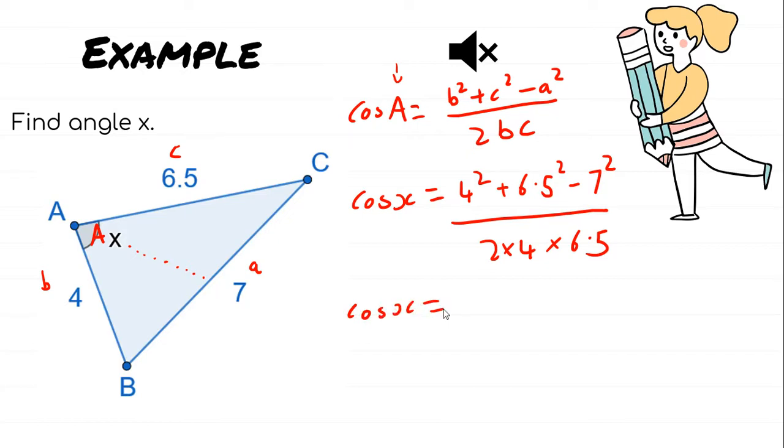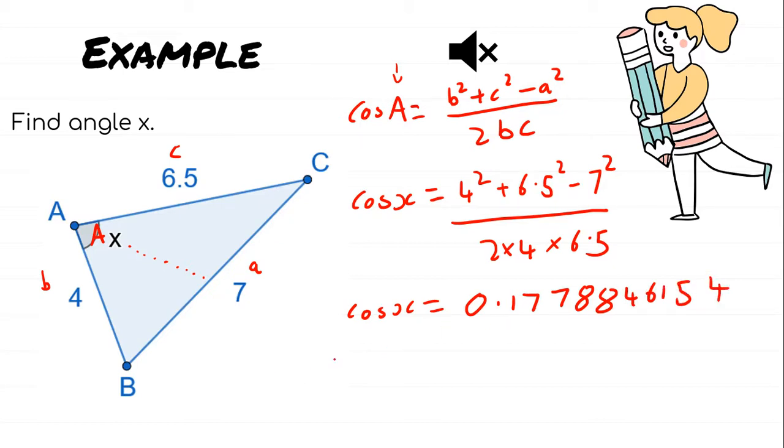So it's going to be 4 squared plus 6.5 squared minus 7 squared, all over 2 times 4 times 6.5. I'd encourage you to do this yourself on your calculator as you watch, because that's going to allow you to check that you're able to input it correctly. So you should be getting this exact answer here.